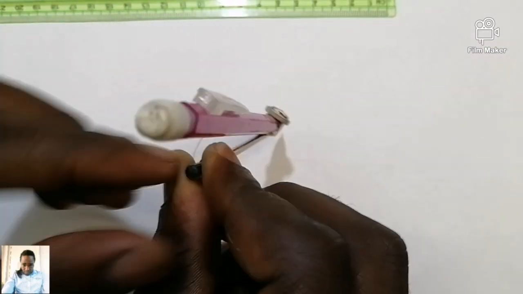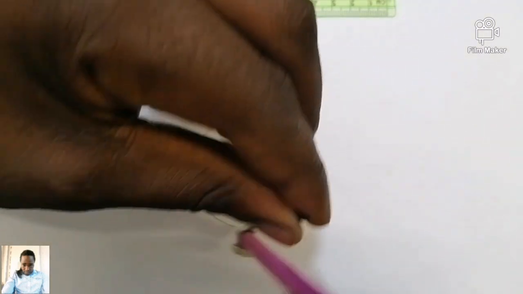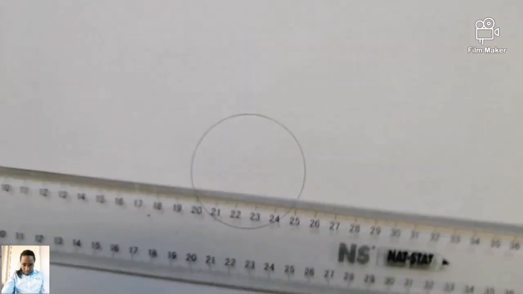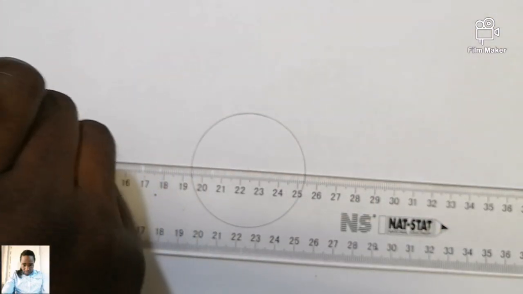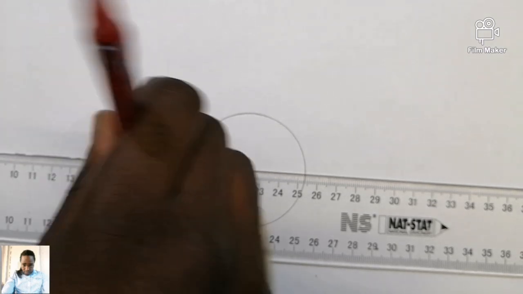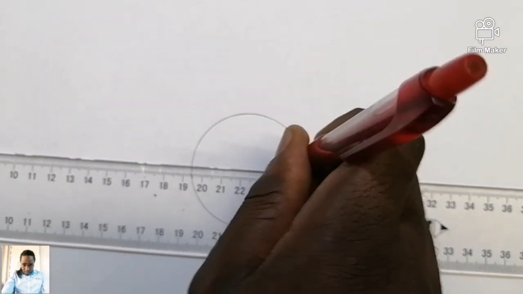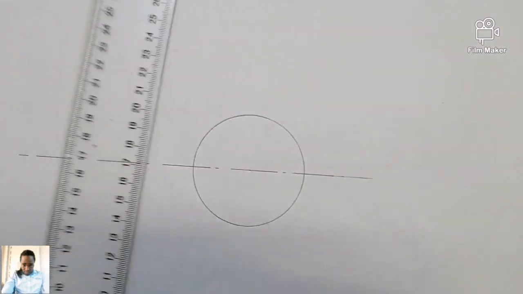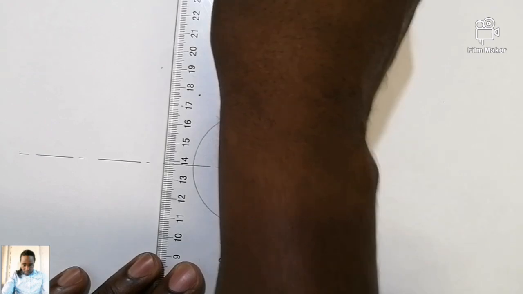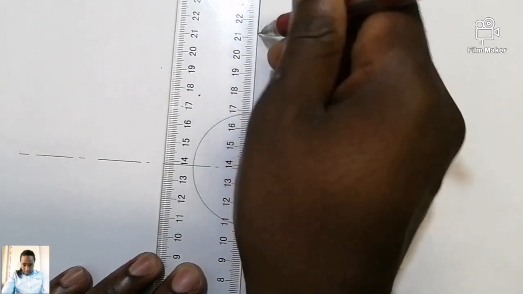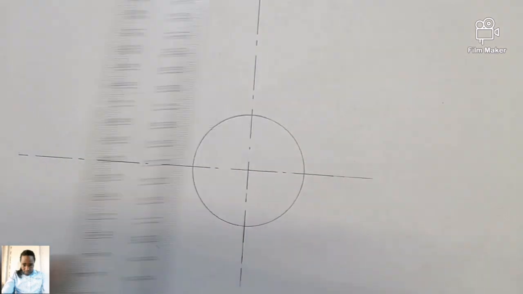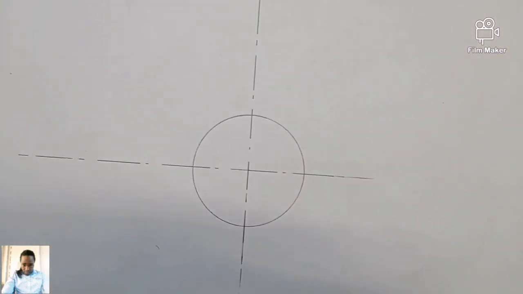Open your drawing compass to 30 millimeter, so that from here till here is 30. Where were you placing your drawing compass? Draw the horizontal center line, as well as the vertical one, like this.